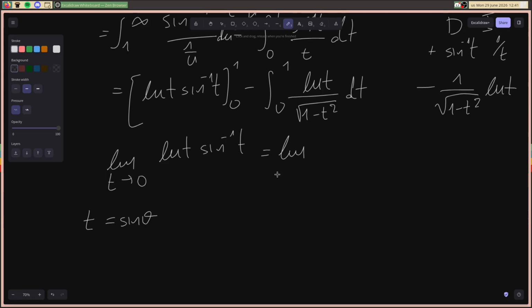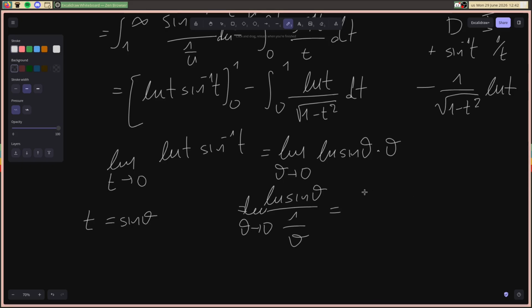So we get the limit as theta goes to 0, ln of sine theta times theta, which is a very interesting limit. The way we're going to solve it is using L'Hopital's rule.